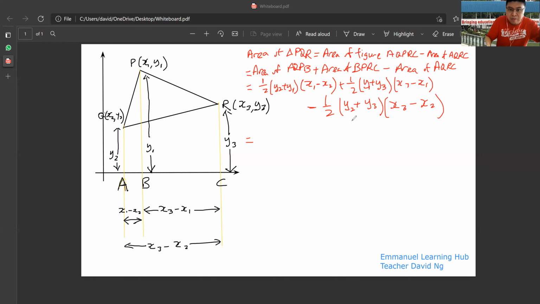Then after that, you take out your half. If I take out my half and expand this part, this is x1, y2 minus x2, y2 plus x1, y1 minus x2, y1.